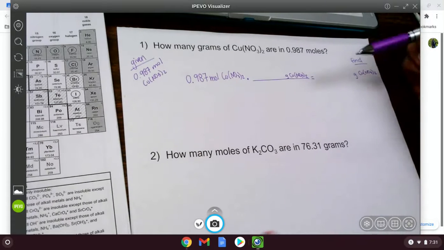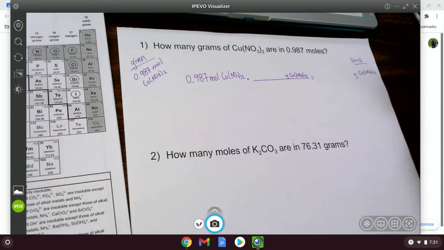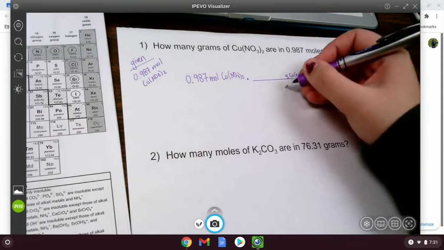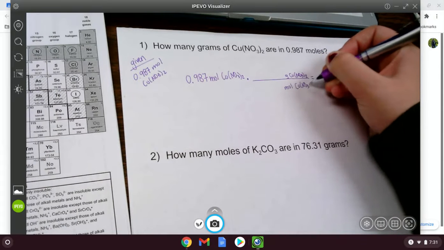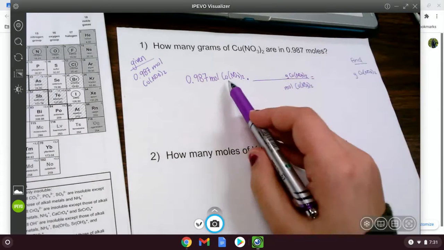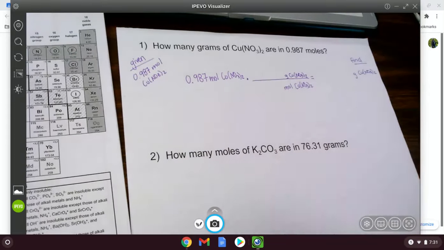So obviously we're going to have grams over moles. And another way to check this is that if I put mole of copper 2 nitrate on the bottom here, I have one on the top and one on the bottom, so those will cancel each other out. So yes, I will be left with just grams of the copper 2 nitrate.